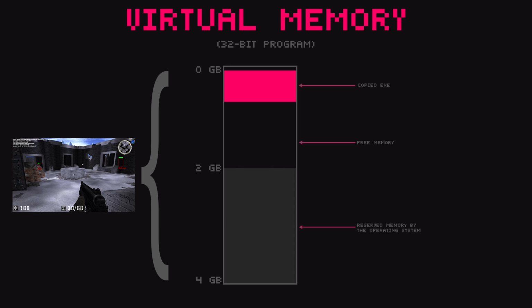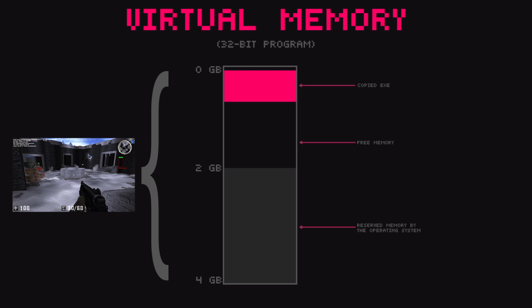When we launch a 32-bit program like Assault Cube 1.2.0.2, it gets its own virtual memory. For simplicity, let's focus on a 32-bit process running on a 32-bit system, limiting its addressable memory space to 4 GB. However, only a portion of this is available for the game's use. Let's say about 2 GB, as the operating system reserves the rest for its own needs.